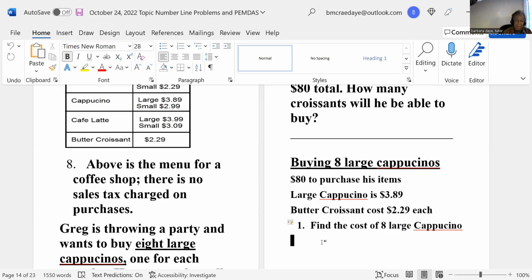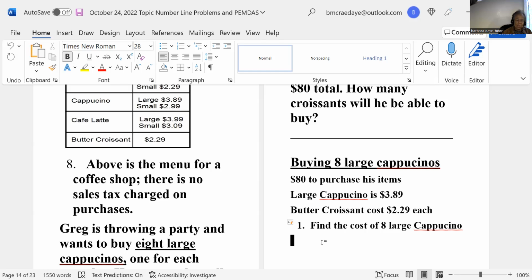You're buying 8 large cappuccinos. You know each one costs $3.89. How would you find the cost of 8 large cappuccinos? So you have to think the $80 and the 3.89. No, no. You're only dealing with the cost of one cappuccino and the fact you're buying 8.